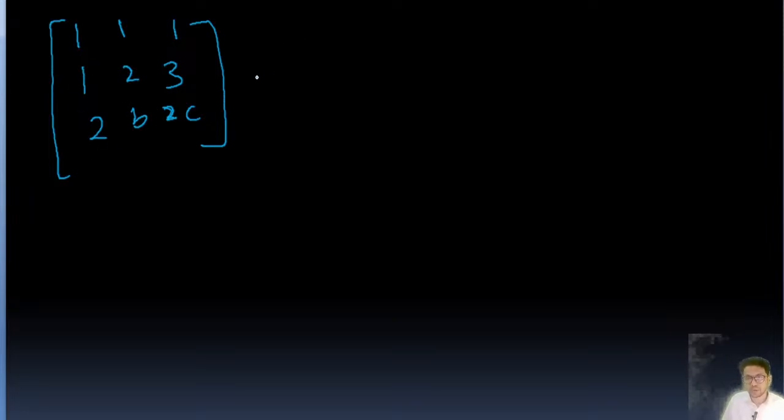How we are going to do it? We'll do row operations. We have already done these operations in determinants and matrices in class 11th and 12th, okay. These are rows, these are columns, right? This is row 1, R1, this is R2, this is R3. So first, R3 becomes R3 minus 2R1, right?